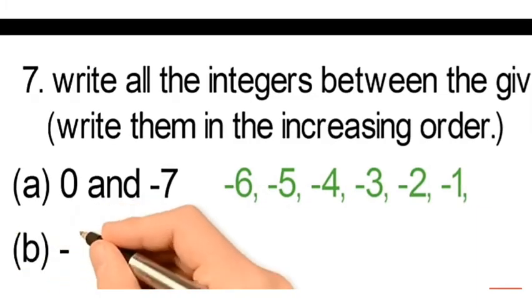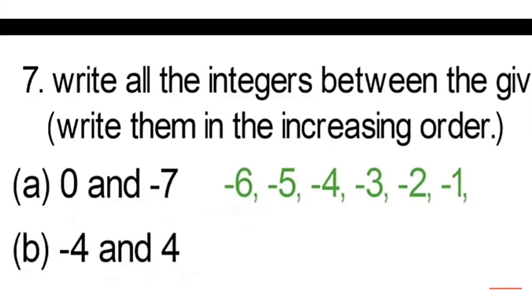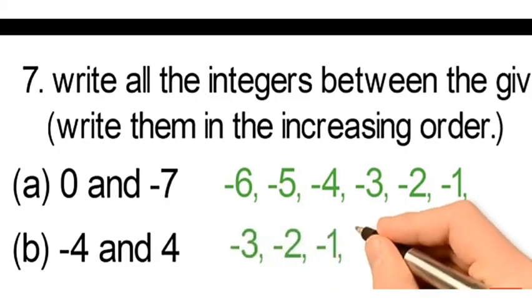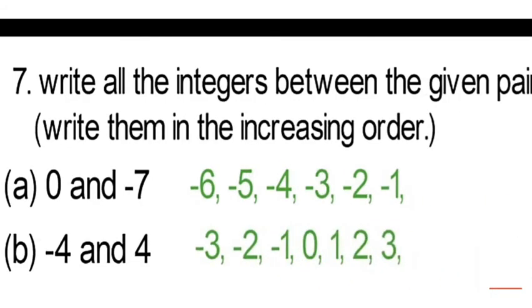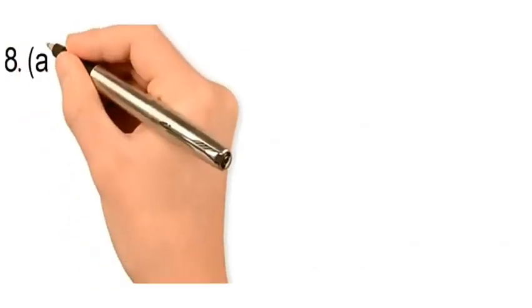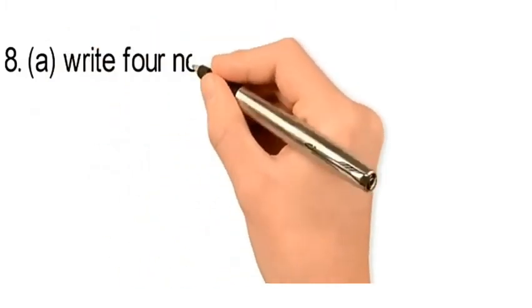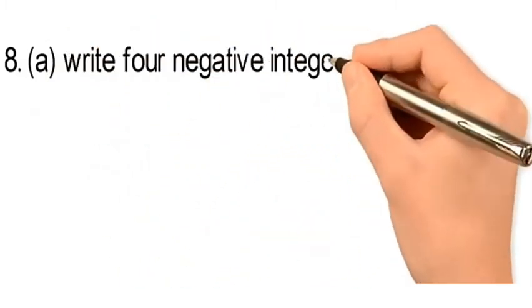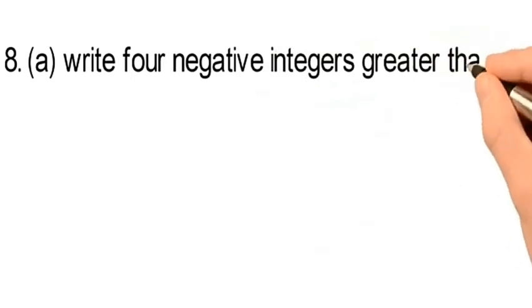In the same way, second question is -4 and 4. They are -3, -2, -1, 0, 1, 2 and 3. Using the same method, you can try the rest of the question. Question number 8. Write the 4 negative integers greater than -20. Which are the numbers greater than -20?